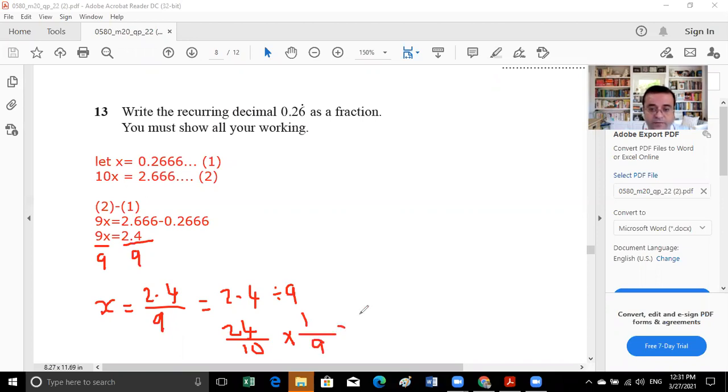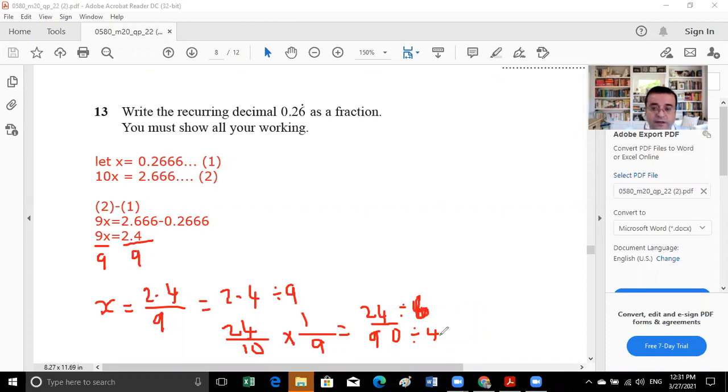And we get 24 over 90. Correct? Divide by 4, common factor. What do you get? 4 over 15.